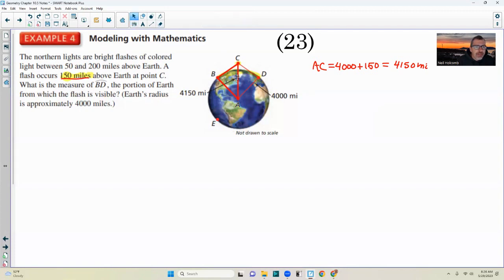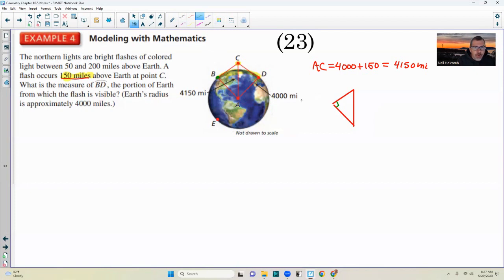Now notice what we have here. Move this over like so. We have a triangle. If I use my theorems, BC is a tangent, AB is a radius, B is a point of tangency, and points of tangency occur when the tangent is perpendicular to the radius, or 90 degrees.